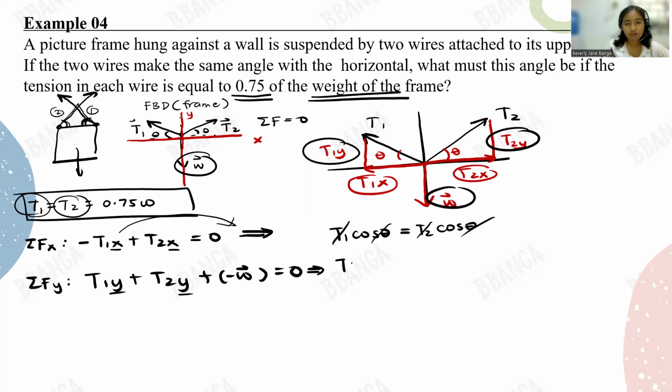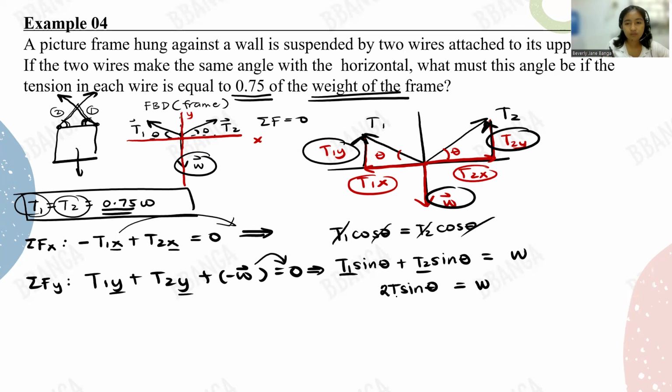Sa y natin, meron tayong T1 sin theta plus T2 sin theta. Parehas na plus to plus kasi parehas silang pointing upwards, no? T1y and T2y is equal to weight. No? So, nilipat natin si weight sa kabila. Ngayon, alam natin na si T1 at T2 equal lang. And yung value nila is 0.75. So, kumbaga, parang pwede natin itong isulat as 2T sin theta is equal to weight.